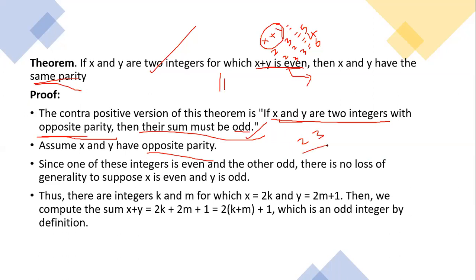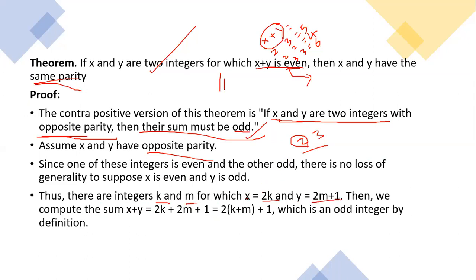And thus there are integers k and m, which I am taking for doing the addition and proving this theorem. X equal to 2k, and y equal to 2m plus 1.